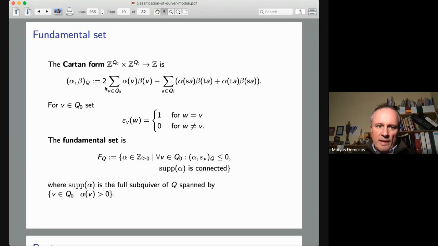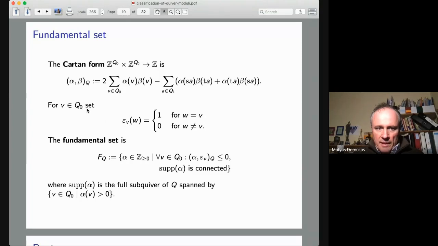So we take twice the sum over all vertices of the values of the two dimension vectors, and we subtract a sum for each arrow a. We take the product of the value of the first dimension vector and the second dimension vector on the endpoints of the arrow in both ways. So this is a symmetric bilinear form.